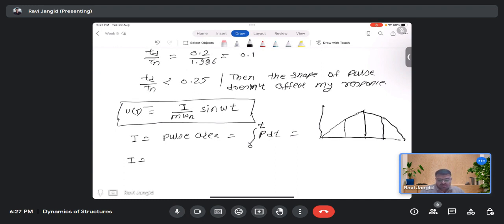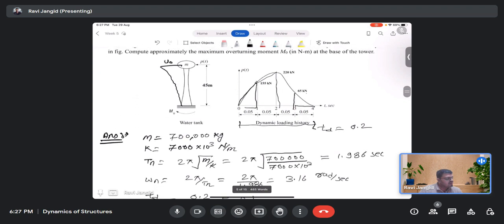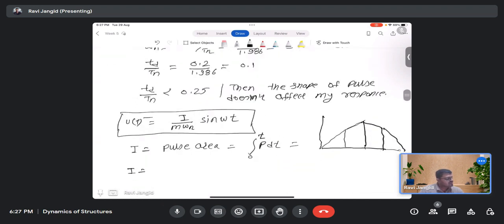So the amplitudes are 155, 220, and 65. So the first term is first, second, third, fourth.